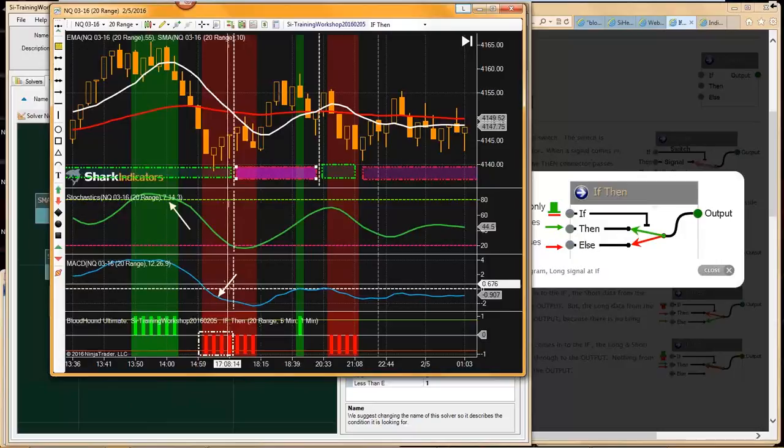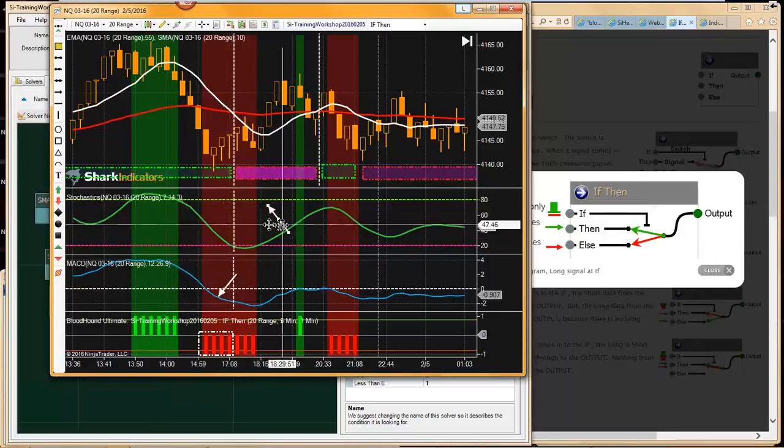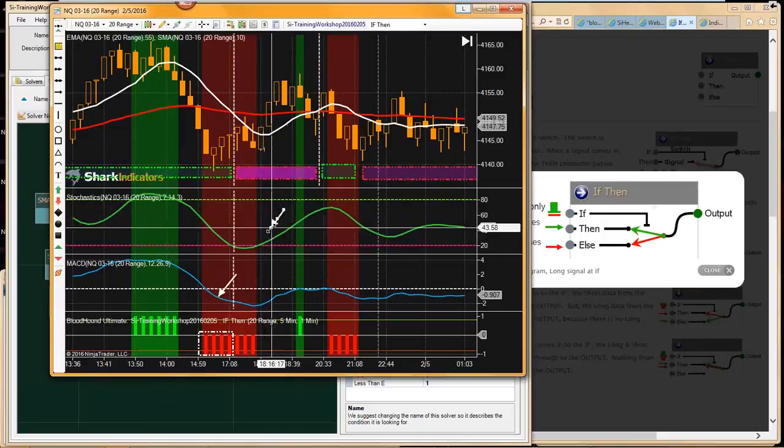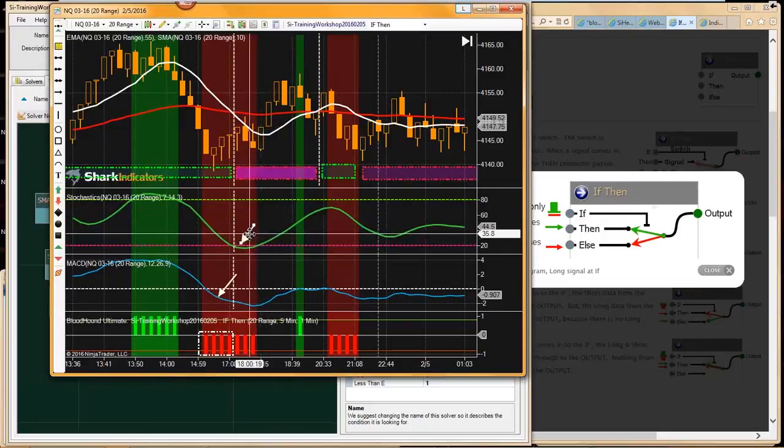So what's going to happen is short signals from the stochastic pass through, and it just so happens that the stochastic is oversold right here for a couple of bars.